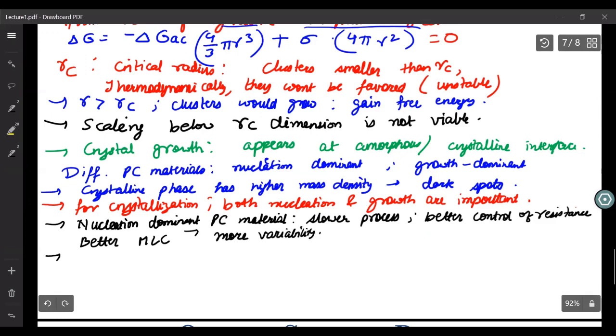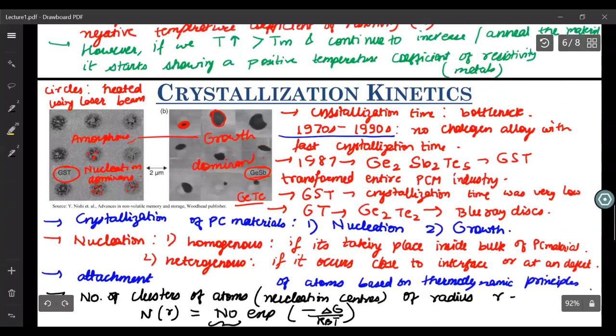However, on the other hand, if you look at growth dominant materials, since growth is a fast process, you saw here that the same amount of laser beam hit all these materials, but there were very small clusters which came up in the case of GST, while large clusters came out in the case of growth dominant.